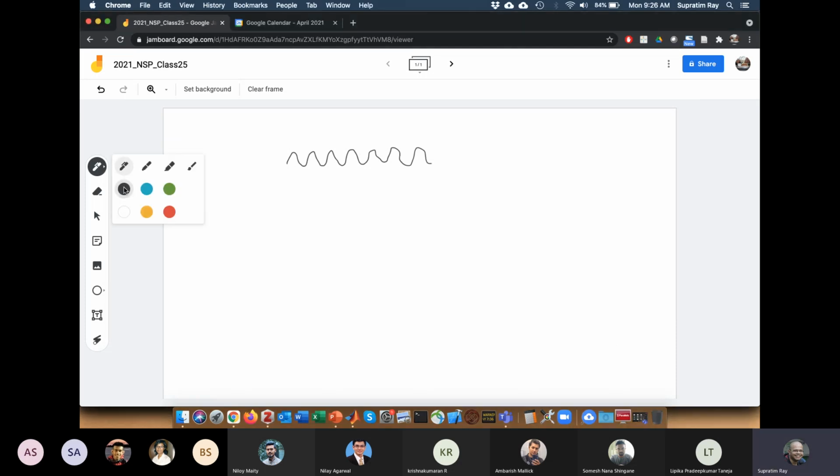I want to plot as a function of time the amplitude of the signal, and I want to plot as a function of time the phase of the signal. So tell me what these two plots are going to look like.